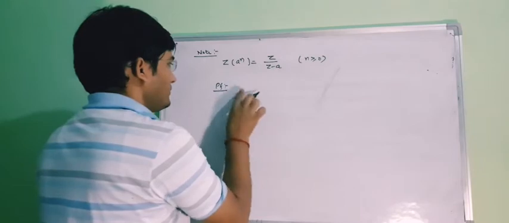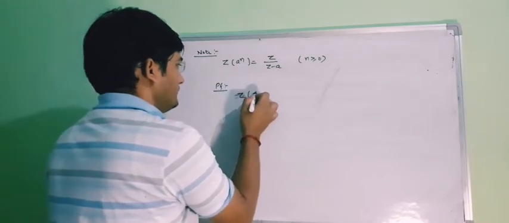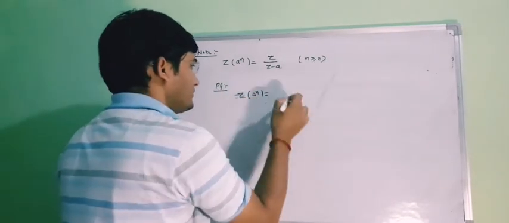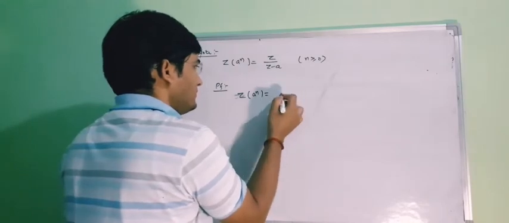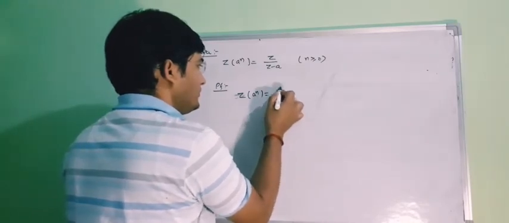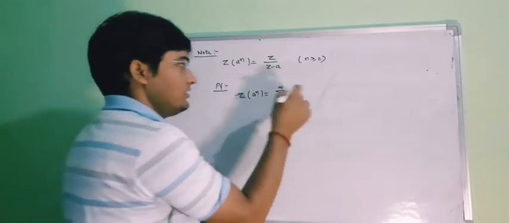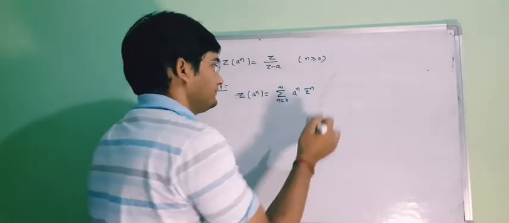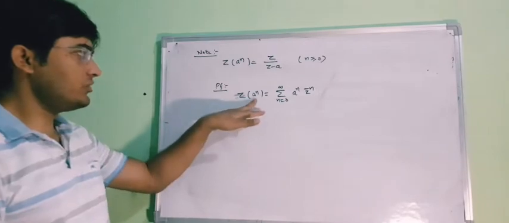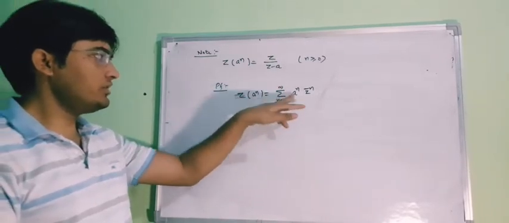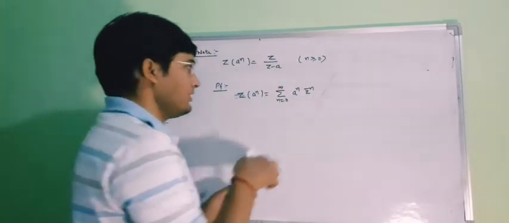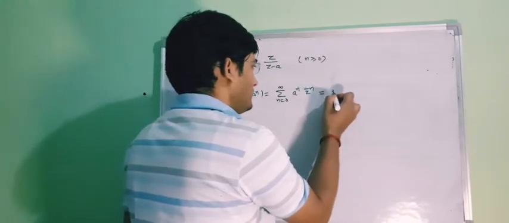So the Z transformation of a to the power n, let us use the definition. From n equal to 0 to infinity, un means a to the power n into z to the power minus n. Now if you put n equal to 0, we will get 1.